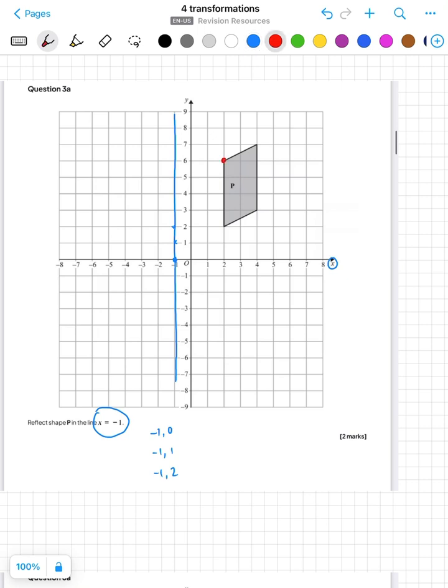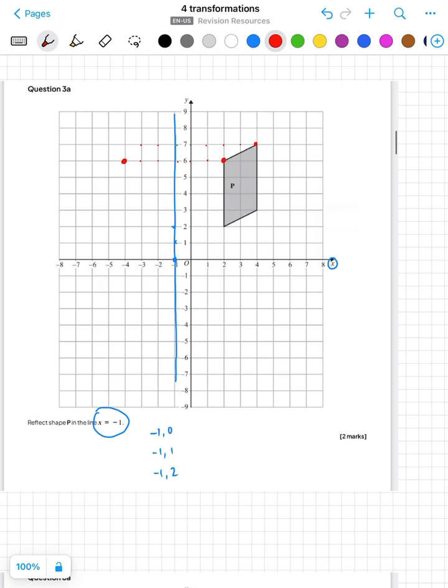Pick a point and count how many squares we are away from the line of reflection. 1, 2, 3. So we go 1, 2, 3 the other side. And repeat. 1, 2, 3, 4, 5.